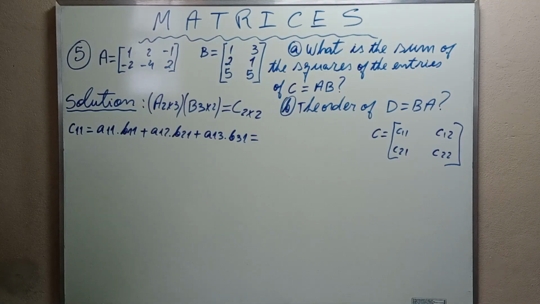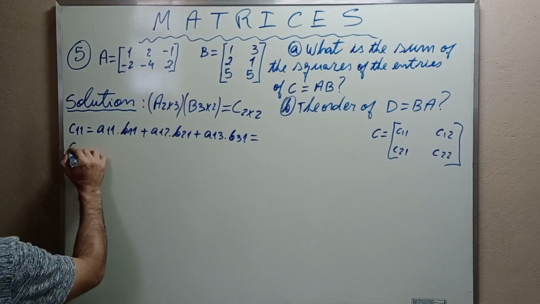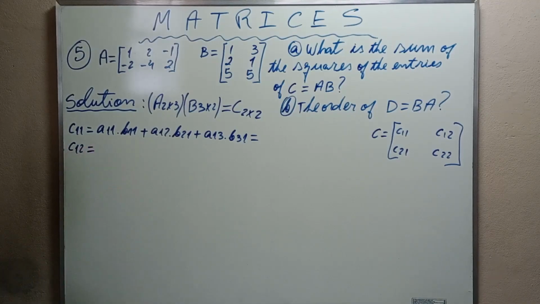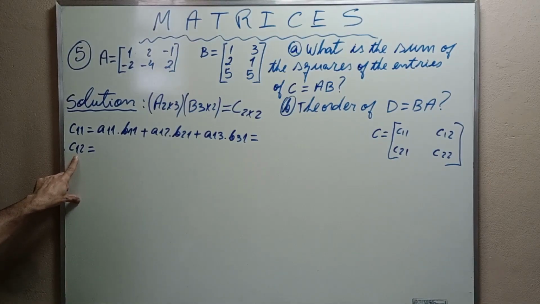C12 now. C12 is going to be obtained from the multiplication of the elements or entries of the first row of the first matrix with the entries of the second column of the second matrix, okay?